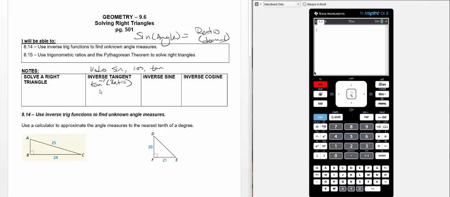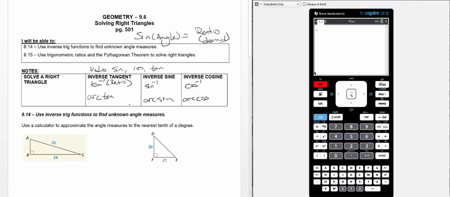You'll also sometimes see this called the arctangent, or similarly the inverse sine or arc sine, or inverse cosine or arc cosine.